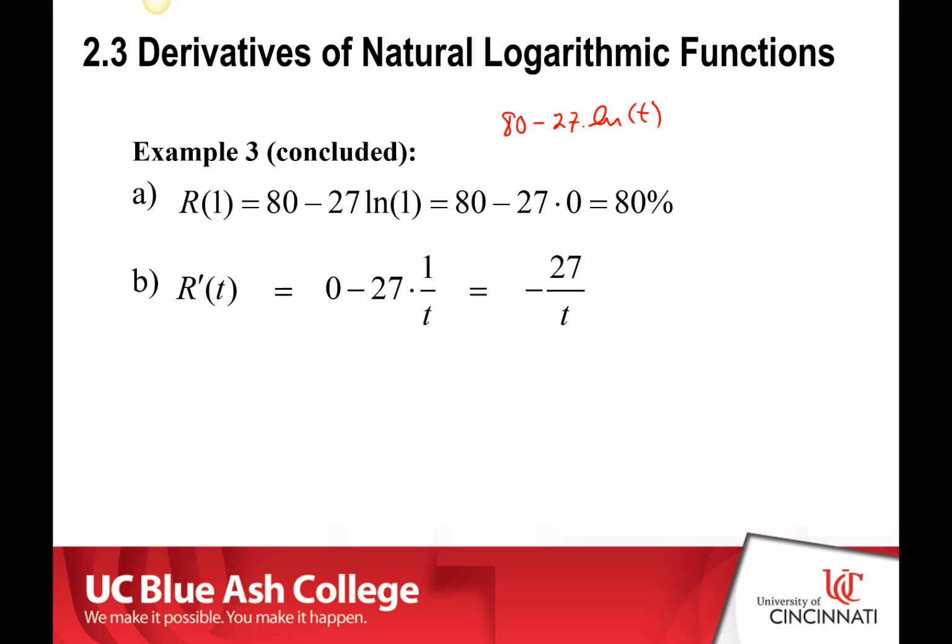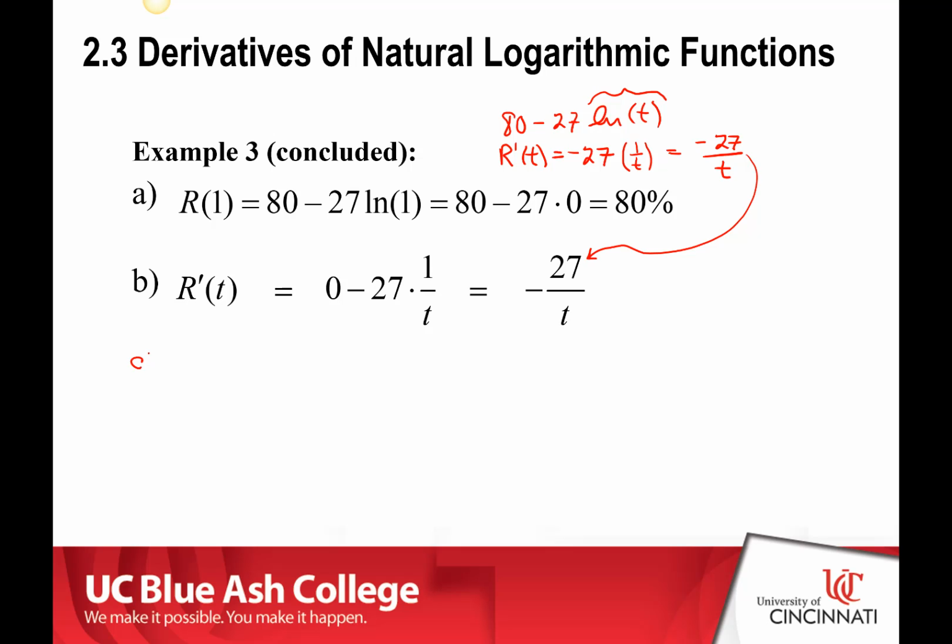When you take the derivative, you're going to get r prime of t is a negative 27. And then what's the derivative of natural log of t? 1 over t. So it's going to be a negative 27 times 1 over t, which is going to give you a negative 27 over t, which is exactly what we have here. Okay, that's the derivative.